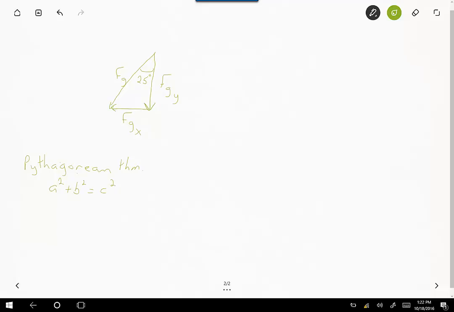In this particular case, that means the force of gravity in the x direction squared plus the force of gravity in the y direction squared is equal to the force of gravity squared. This is important to remember, but it still doesn't tell us what Fgx and Fgy are. We have to take the next step and use trigonometry.